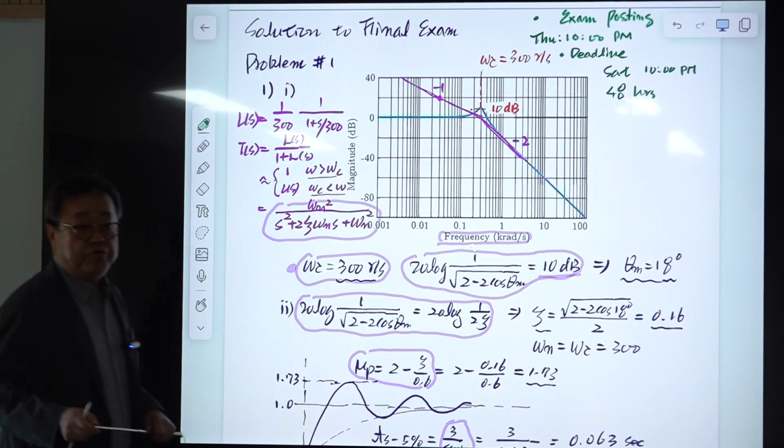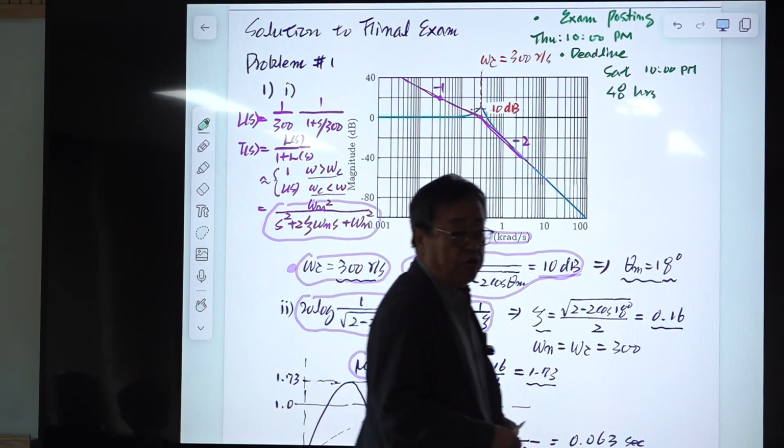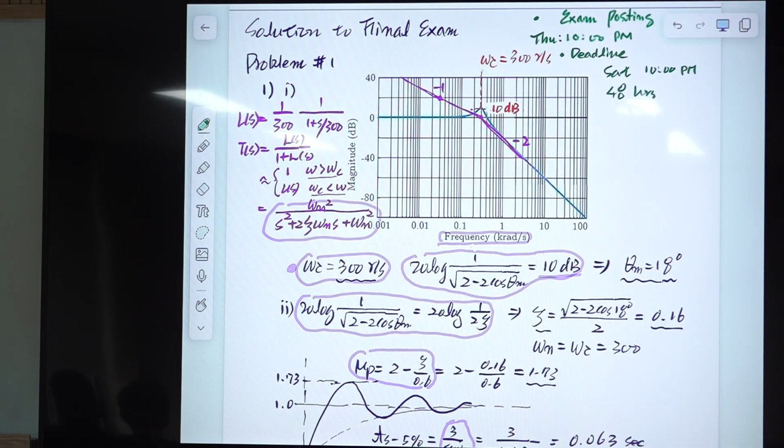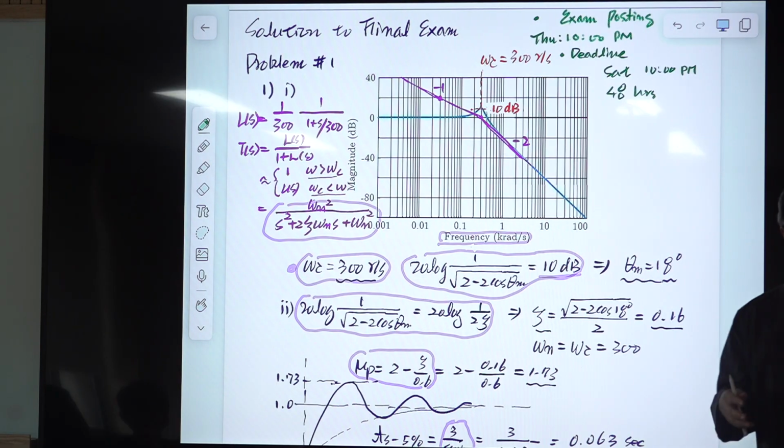Most of you went through the problems and the solutions of this final exam at least once. And I said your final exam will be posted the day after tomorrow. It will be similar to this in the format and in the technical content, but it will be slightly more difficult than this in some sense.